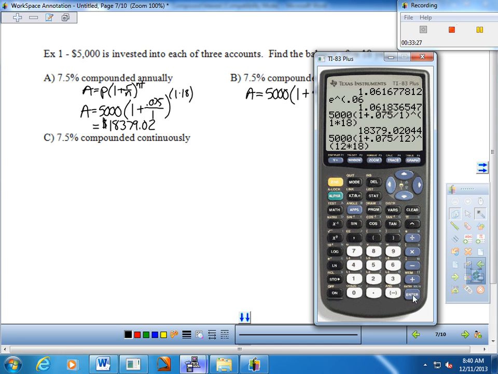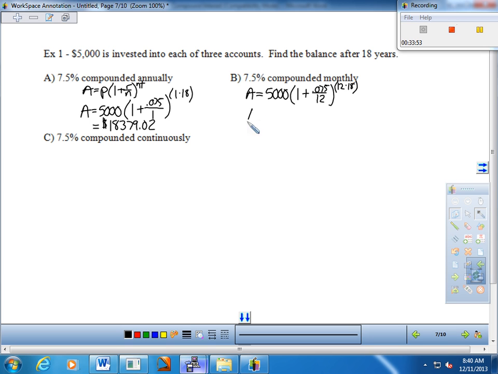So 12 times 18, and there we go. Look at that. So quite a bit more money just over the lifetime of this account. So it ended up equaling $19,206.27.